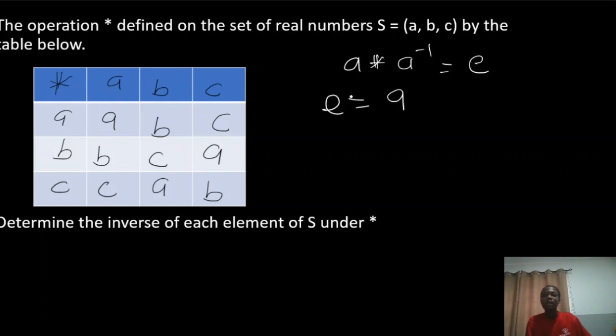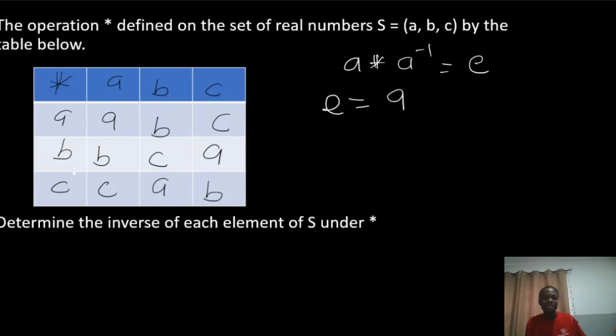And we are saying for the inverse, a star a inverse should give us a. So whenever you do a star a inverse, it should give us the identity element. So we are going to look at each of the elements. If you have a, what star a is going to give us the identity element a? That would be the inverse of a. What star b is going to give us the identity element a? That would be the inverse of b.